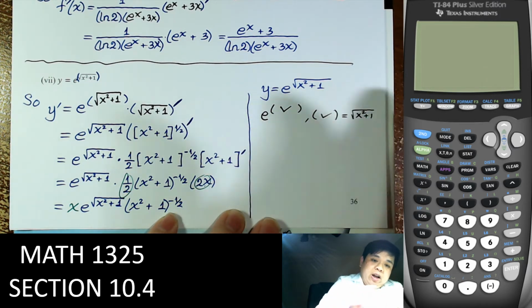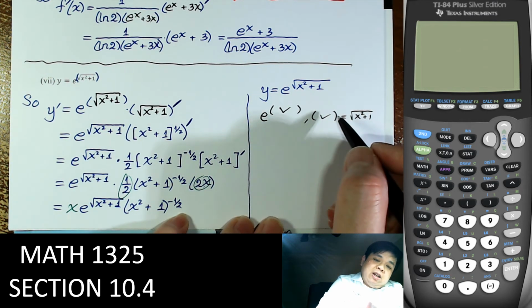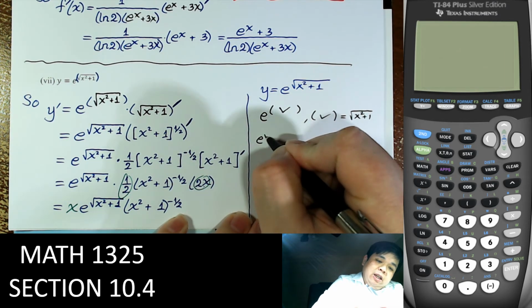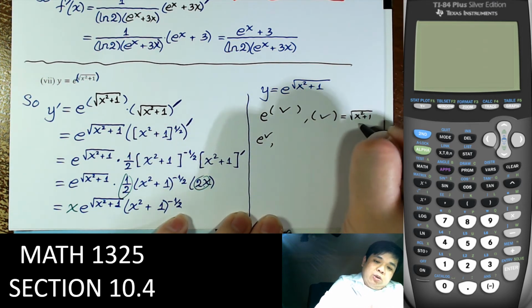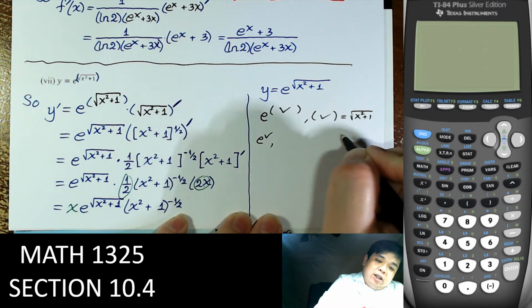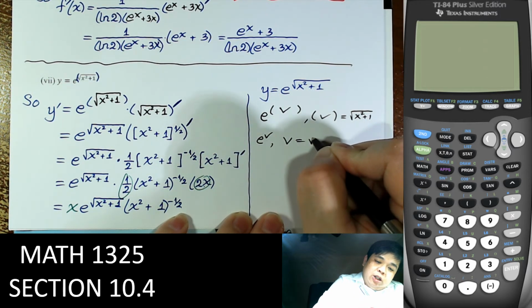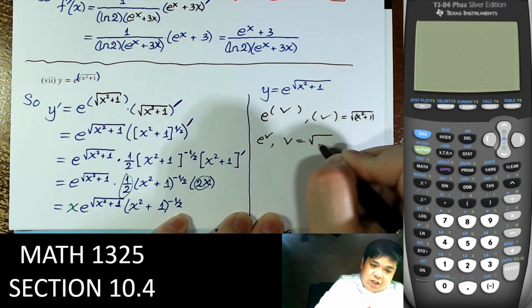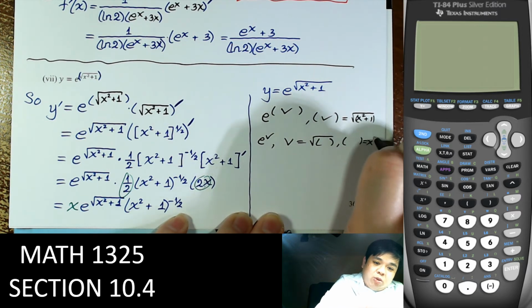And then we can break it down even further. We have e to the v, and we can break this into 2, and we say v is equal to square root of another parentheses, and the parentheses is x squared plus 1.